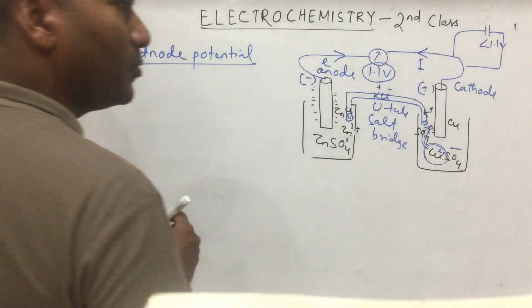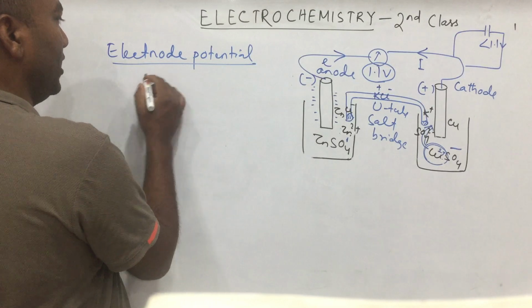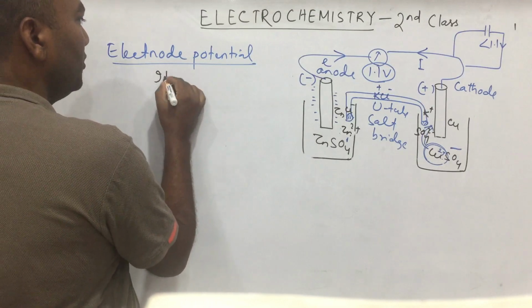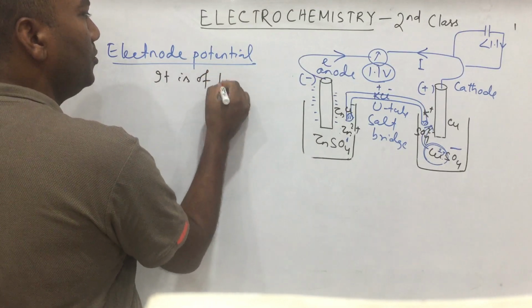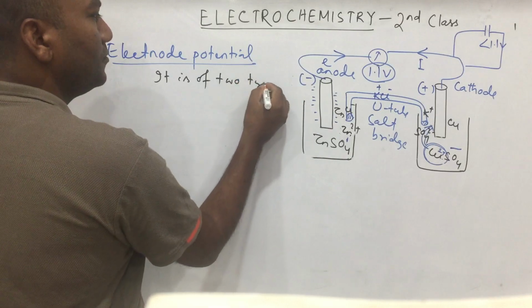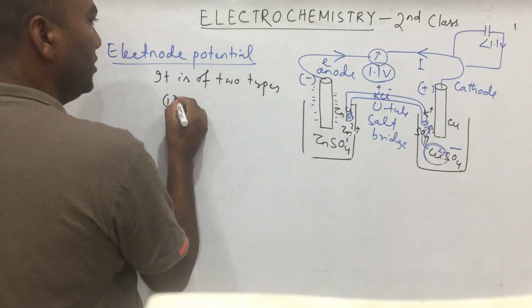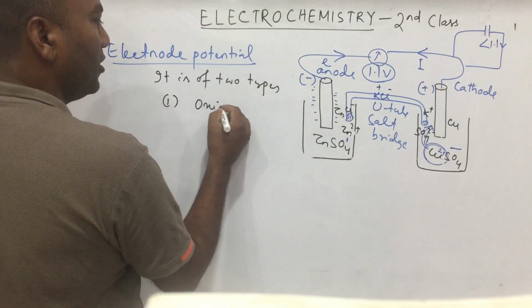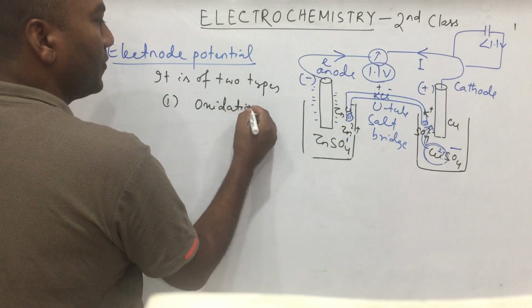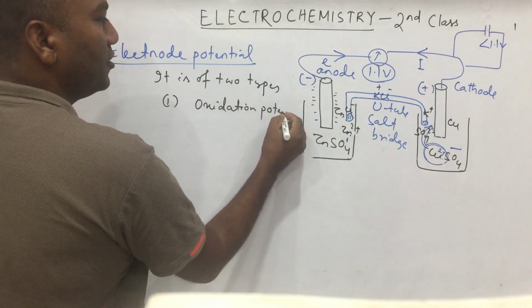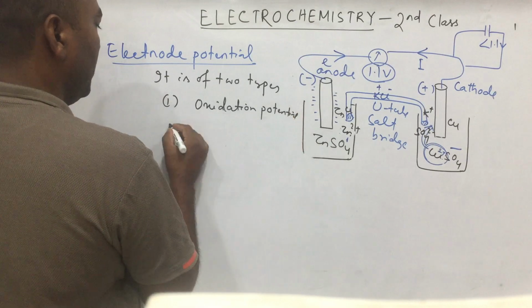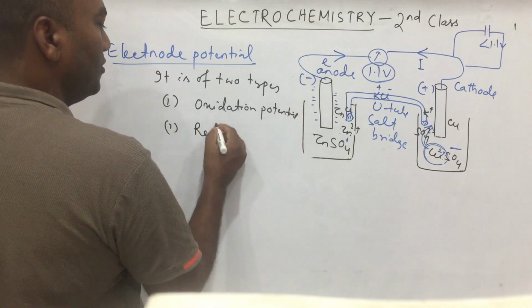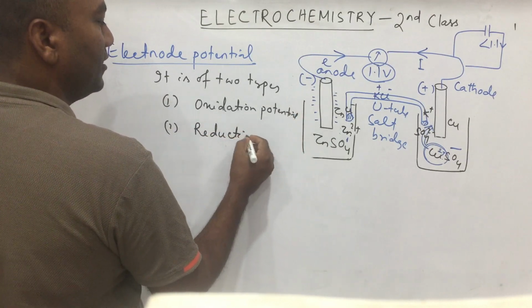Clear? Electrode potential is of two types: one is oxidation potential and another one is reduction potential.